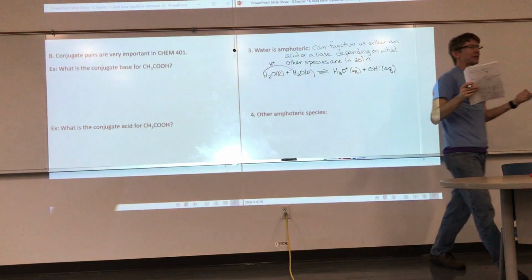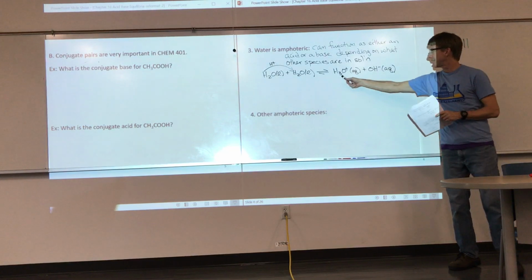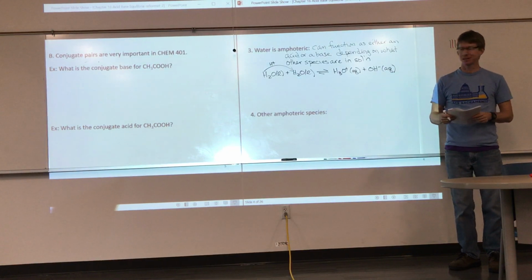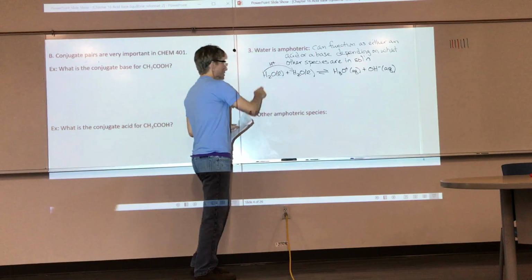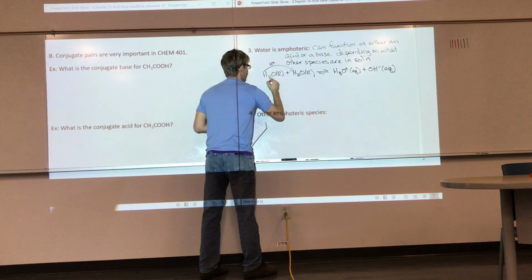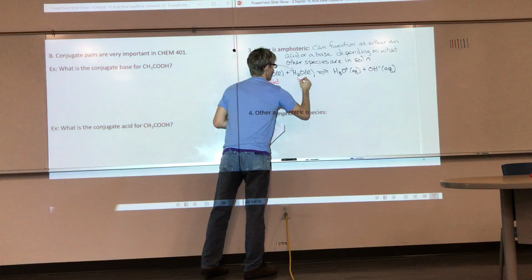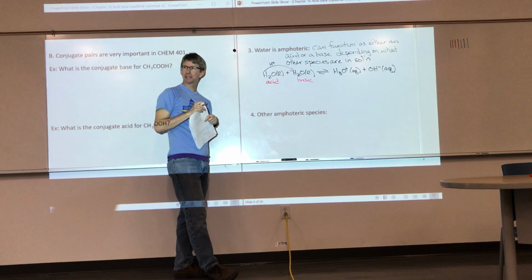And these are purely definitional. So water in water, some of the water molecules will give a proton to other ones. Those will create hydronium and hydroxide ions. And so by definition, since this water donated a proton, it is the acid. The other one received a proton, it is a base.